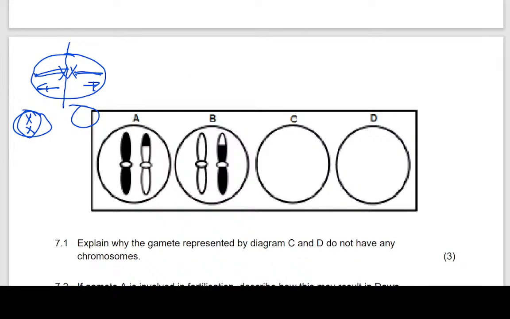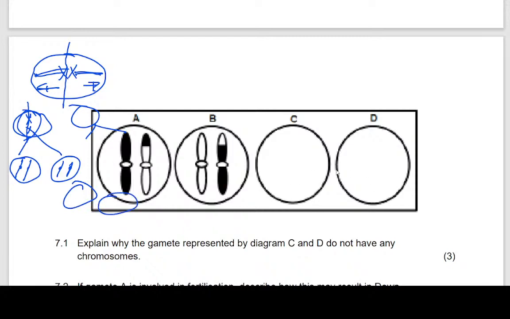So now meiosis 2 occurs. When meiosis 2 occurs, this one is going to split, whereby this one is going to have one chromosome from this side and one chromosome from that side, and this one is going to have one chromosome from this side and one from that side. What about this one? When it undergoes meiosis 2, because it's empty, it's going to be empty, and another one also is going to be empty.